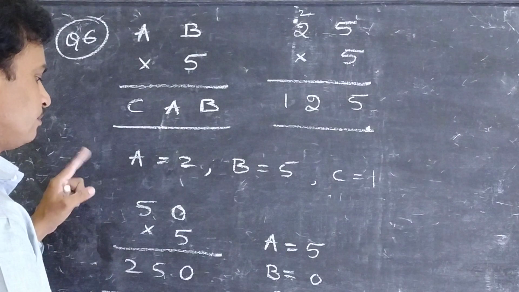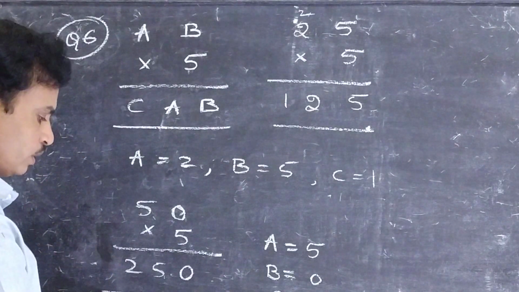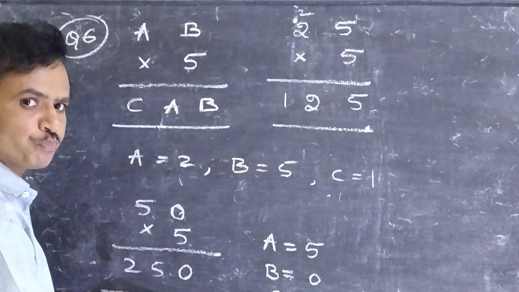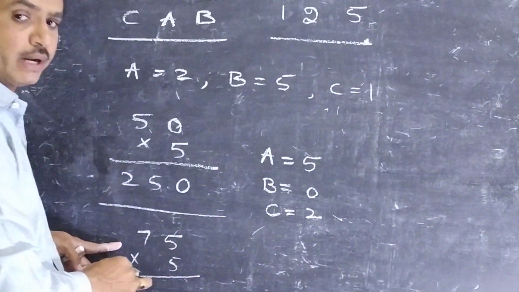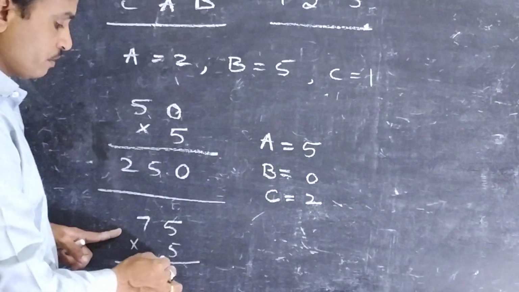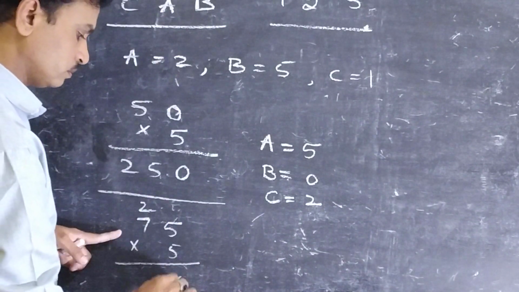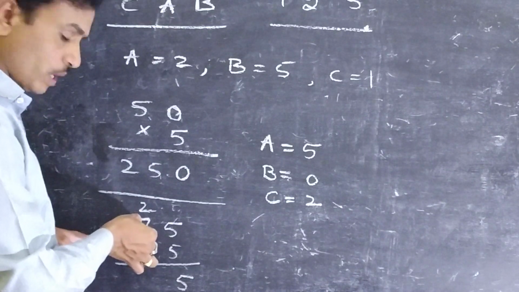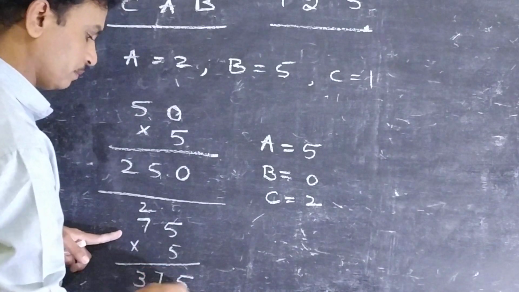This is one possible. Again one more. We can take 75 into 5. 5 fives are 25. 5 sevens are 35. Plus 2, 37.